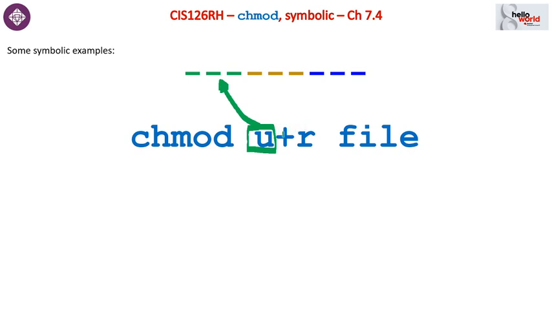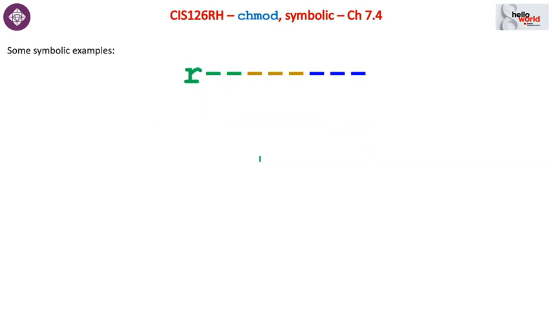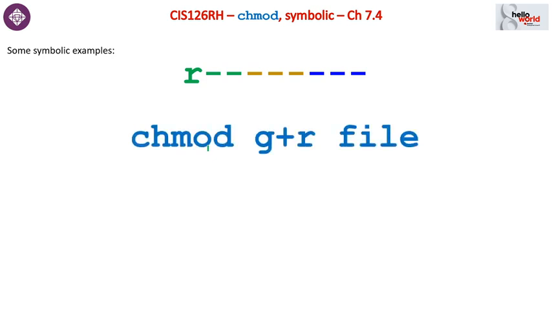This means to turn on, and then this R is in that position. So what we should end up with is R dash dash, dash dash dash, dash dash dash. And there you go. So now that we have that, we issue this command.